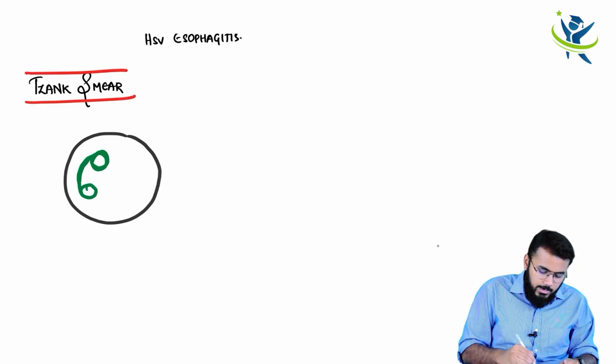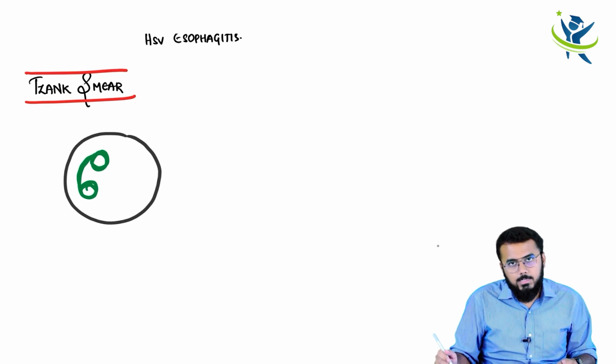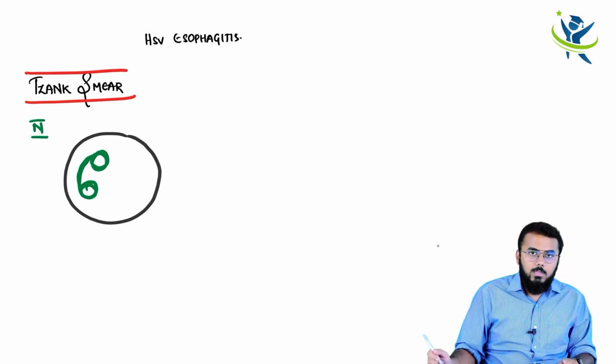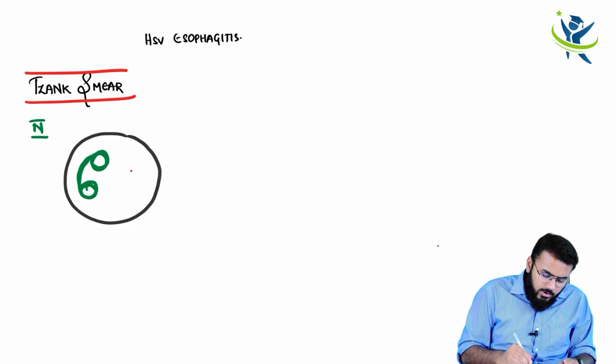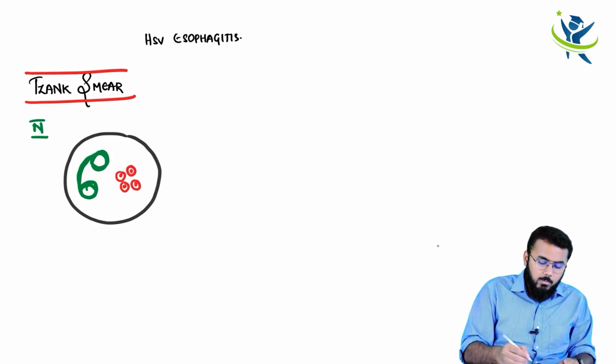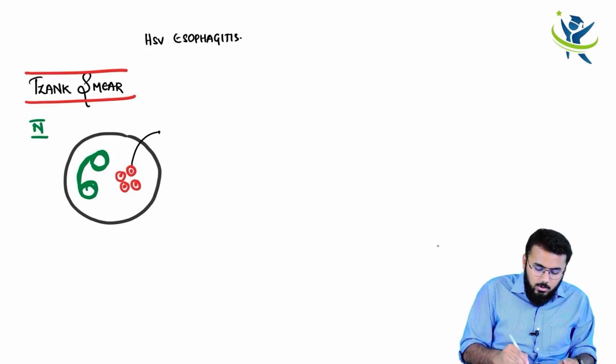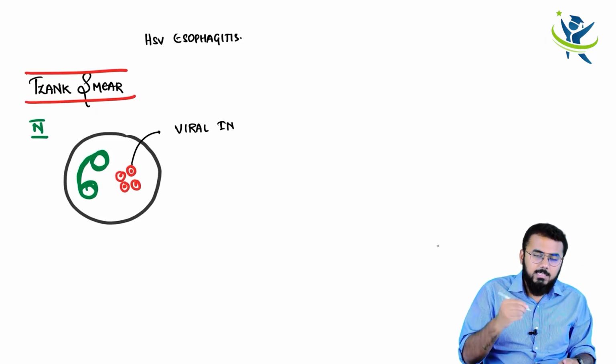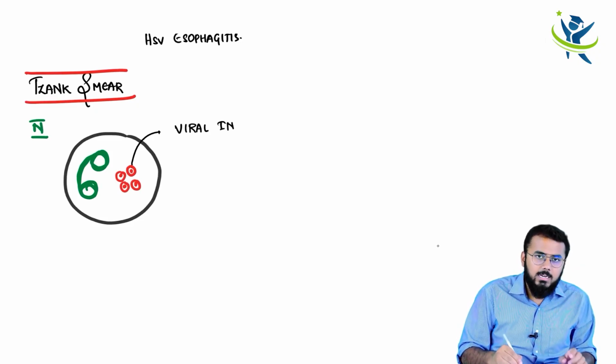You know, neutrophils are bilobed like this. This is a neutrophil, for example. Now within this neutrophil, you will find some specific bodies like this. These are nothing but viral inclusion bodies. The virus has entered into the neutrophil, that's it, and started replicating.